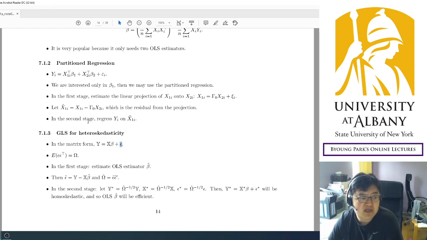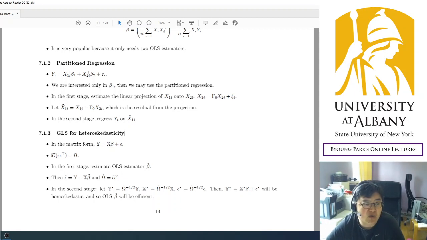Heteroskedasticity, I guess you have heard about this in econometrics 1 or undergraduate econometrics. The main problem here is that the first observation and the second observation have different variances of epsilon. Observations may have different variances, or they may be correlated with each other.